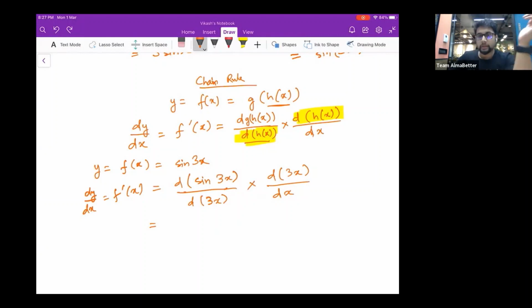So this is essentially nothing but d by dx of sin x, which will be nothing but cos x, but since your variable is 3x, you will take 3x. And then this is quite simple: the derivative of 3x is 3.